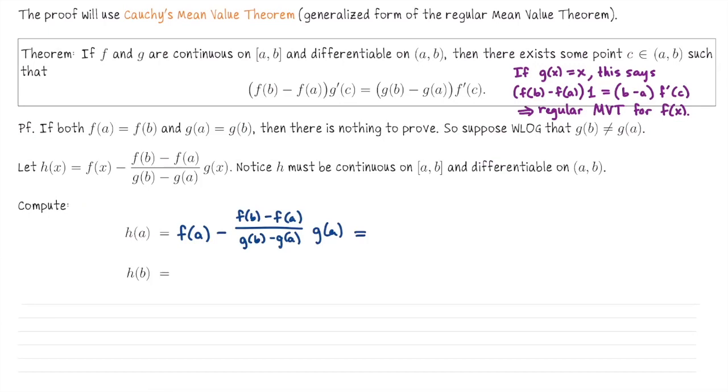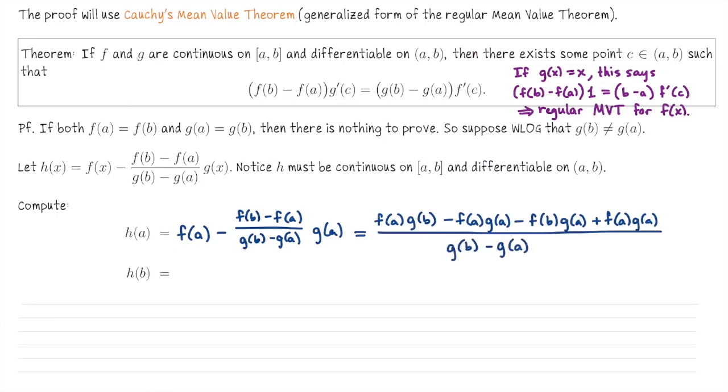So I'm going to write this as f of a g of b minus f of a g of a minus f of b g of a, minus minus, so plus f of a g of a, all over the denominator. Okay, so we have an f of a g of a with a negative, and then f of a g of a, so those cancel out. And I don't see any other simplification we can do.